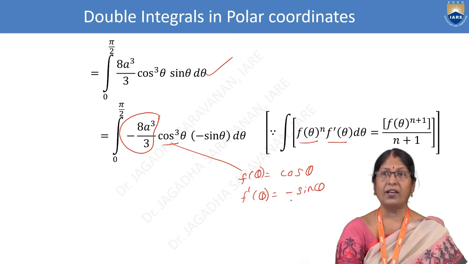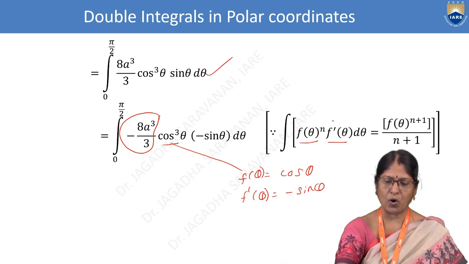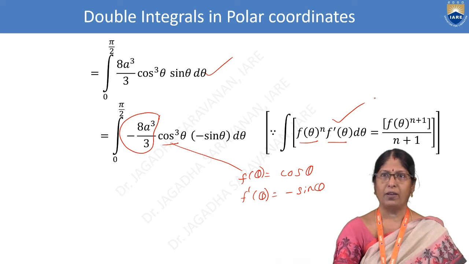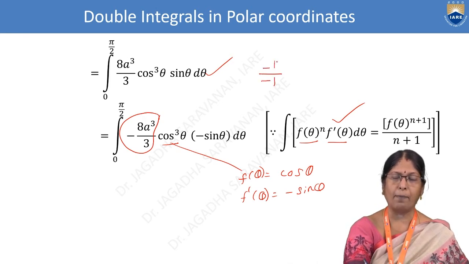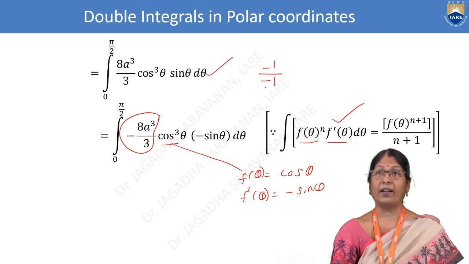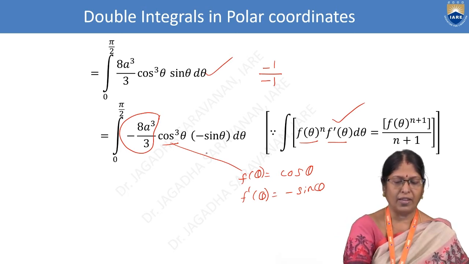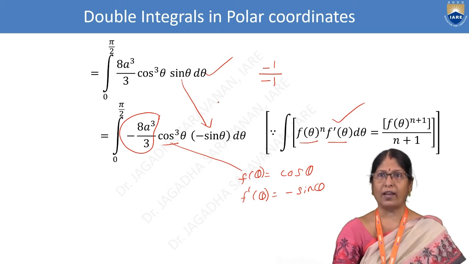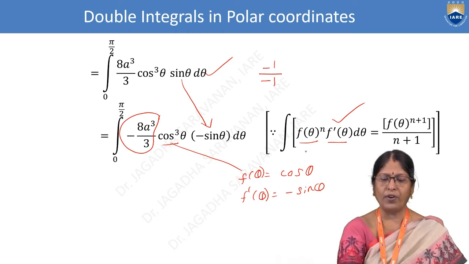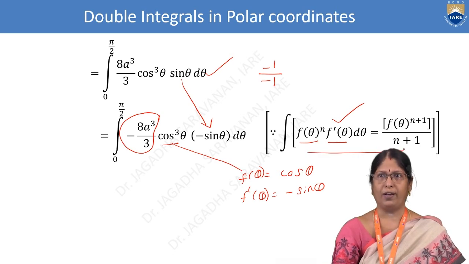We needed minus sine theta according to this formula, but the minus sign is missing. That is the reason we did minus 1 up and down, multiply and divide. Here the sine theta is replaced by minus sine theta. Everything we have done to fit this formula.